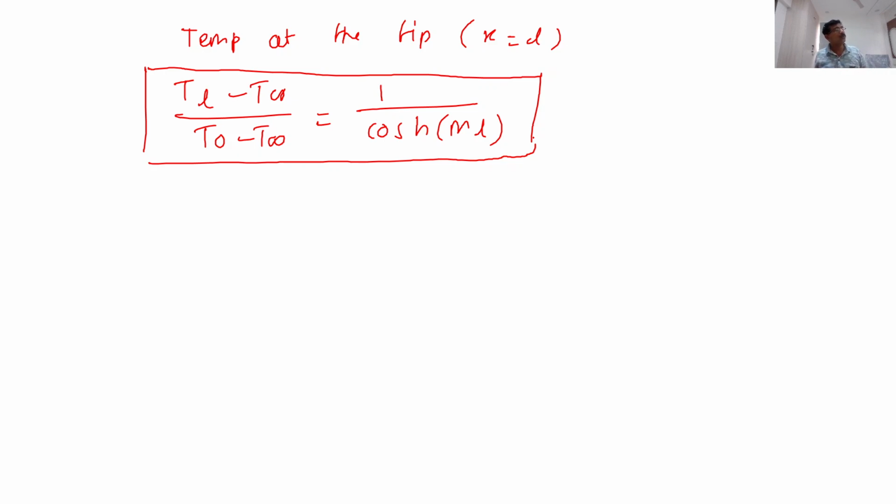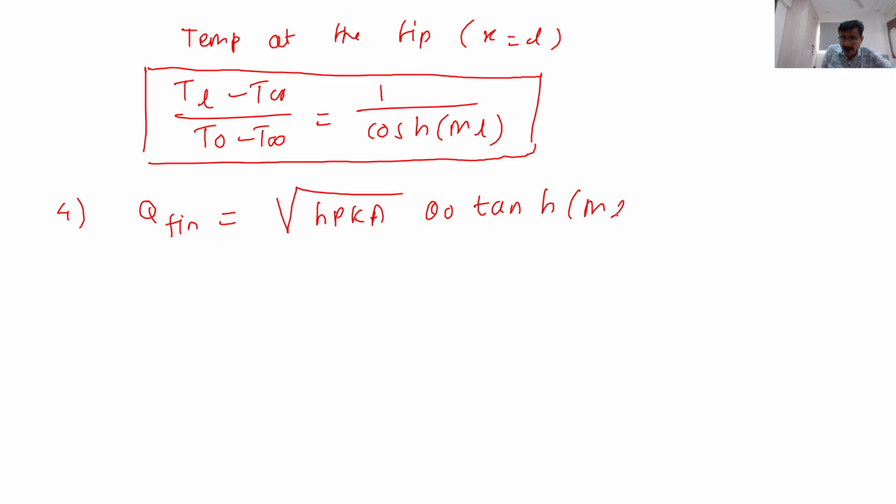Now we move to the next formula, students. This is the fourth formula. If I want to determine the heat transfer rate from the fin, denoted by Q fin, it is given as the square root of hPkA times theta 0 times tanh(mL).